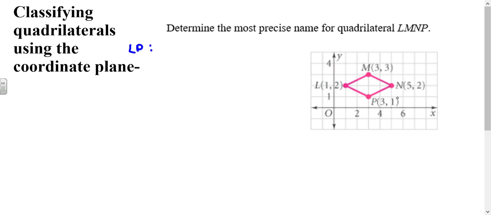So remember, I'm going to take y2 minus y1 over x2 minus x1. I'll write that formula over here in case you forgot it. That's the rise over the run. You can also just count since we have it on the graph. So this is down 1 over 2, so I have negative 1 and 2.